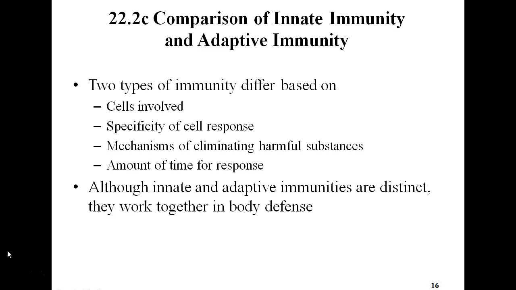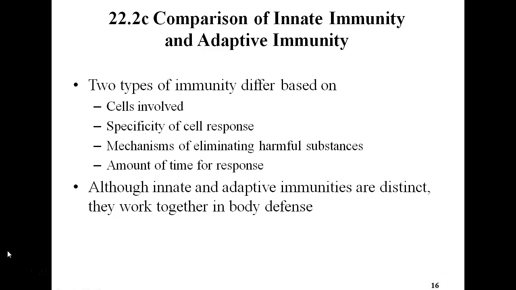The components of the innate immune system respond immediately to potentially harmful agents. The adaptive immune system involves specific T lymphocytes and also B lymphocytes, and these respond to the foreign substances that we're exposed to. This adaptive immunity takes several days to be effective.